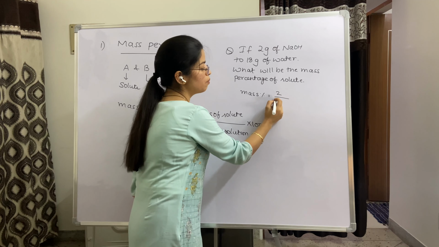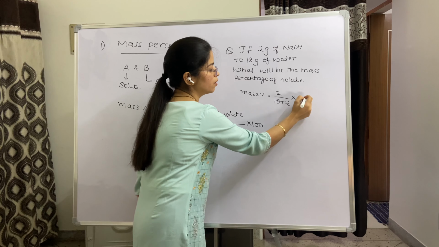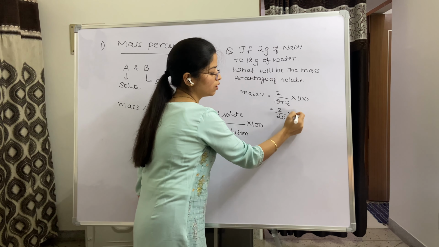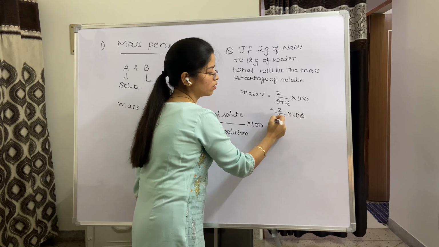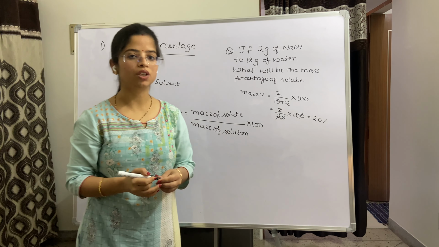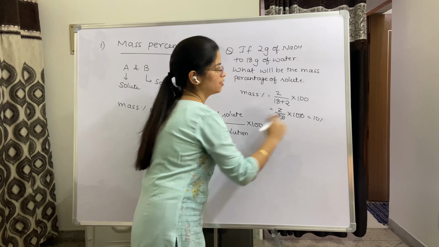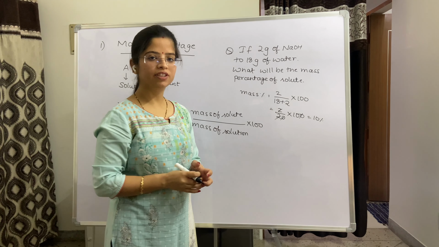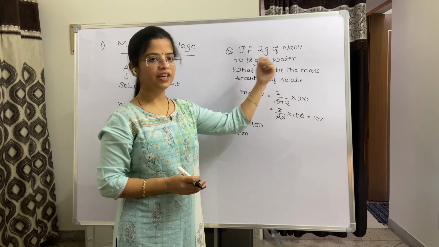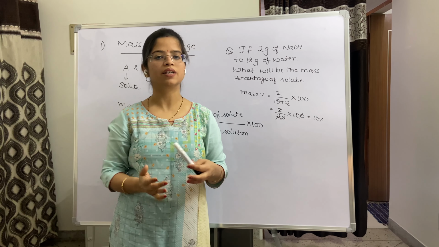So the mass of solution will be 18 plus 2, into 100, which is 10. So in this case, the mass percent of the solute is 10% if we are taking 2 gram of solute in 18 gram of water. This is the first method by which we can express the concentration.